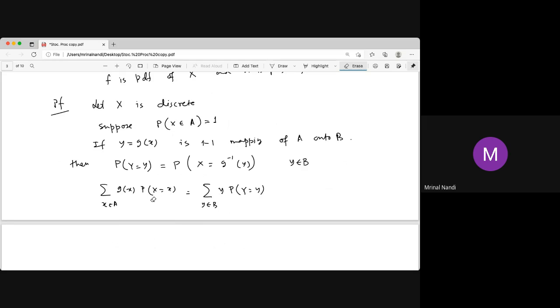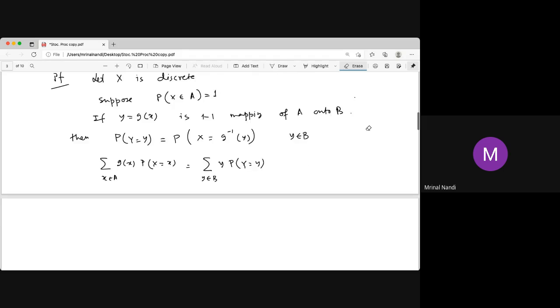You have to club together all the xi's which give the same y. So you can easily modify the proof for a function that is not one-to-one.